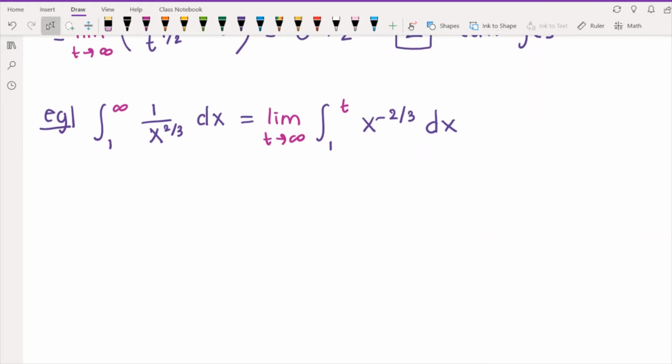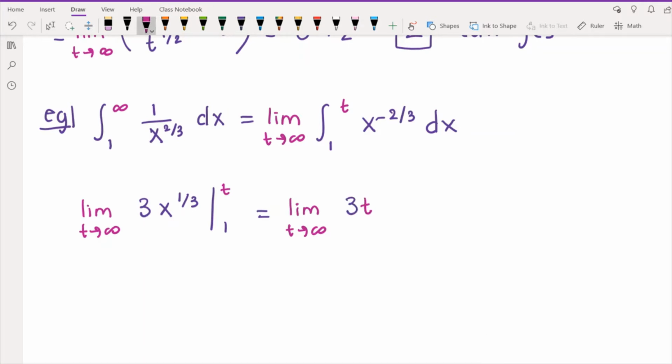Okay, so in this case, for our antiderivative, we're going to add 1 to negative 2/3, which gives 1/3, and then we take the reciprocal of that, which is 3. And then we're evaluating this at t and at 1. So we end up with the limit as t approaches infinity of 3t to the 1/3 minus 3 times 1, which is just 3.